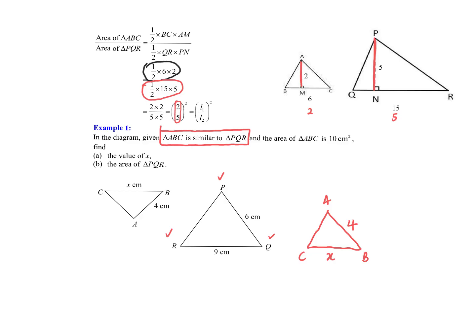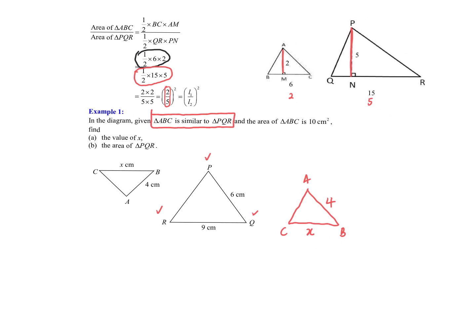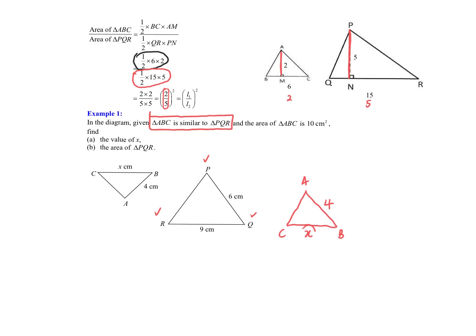Follow the order. Now if I want to compare the ratio of the length, no problem. X divided by 9 should be the same as 4 divided by 6. This is a recap from just now. So I cross multiply, 9 times 4 over 6, 3 times 2, 6.